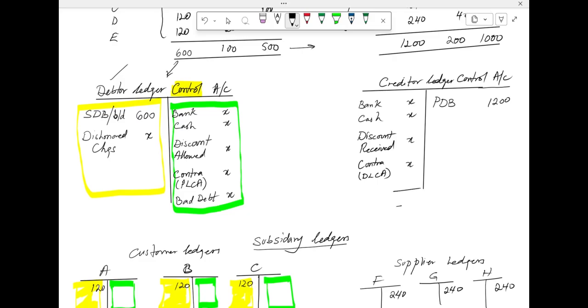There is no bad debt. And that's it. Now, as I said, I will explain what this contra is.